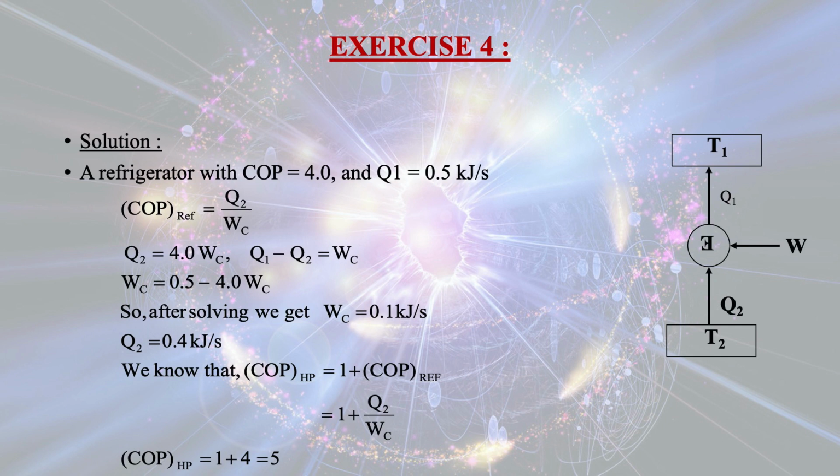So from this expression we get WC is equal to 0.1 kilojoule per second. So Q2 is equal to 0.4 kilojoule per second. We know that COP of a heat pump is equal to 1 plus COP of refrigerator. So 1 plus Q2 by WC comes out to be 5. So COP of heat pump is equal to 1 plus 4 is equal to 5.